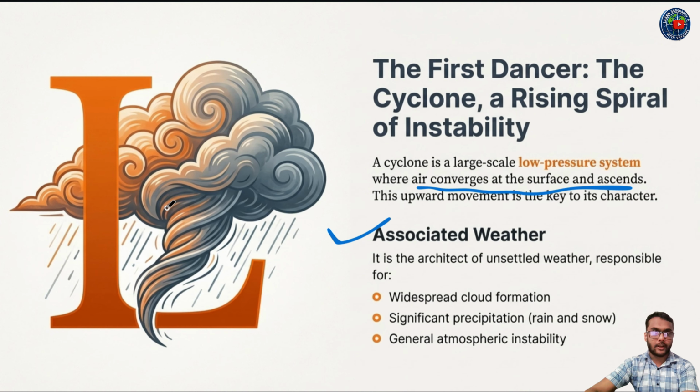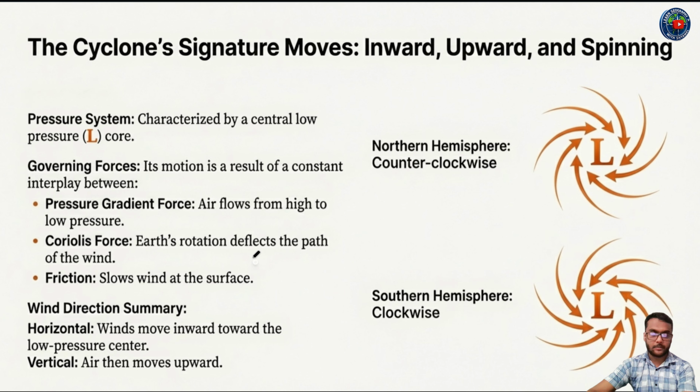Always remember that a cyclone is caused by low atmospheric pressure. The cyclone's signature moves are inward, upward, and spinning. It is characterized by a central low pressure.